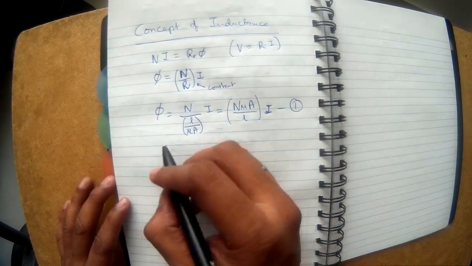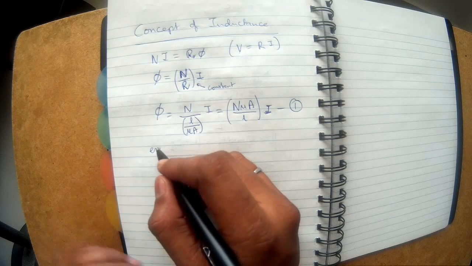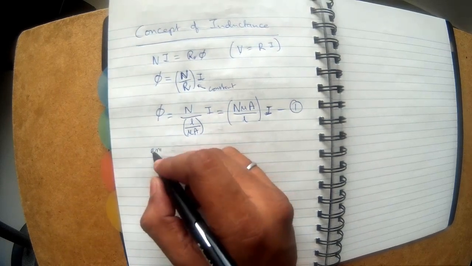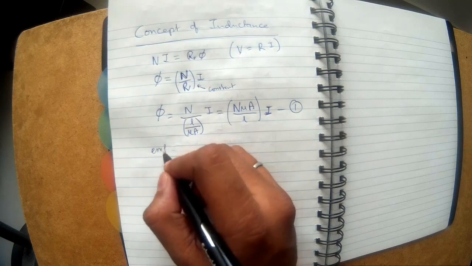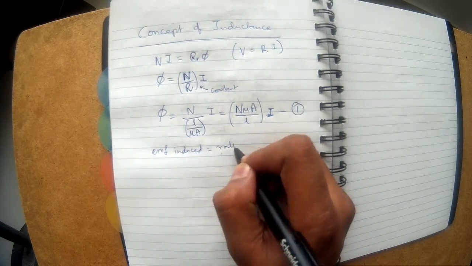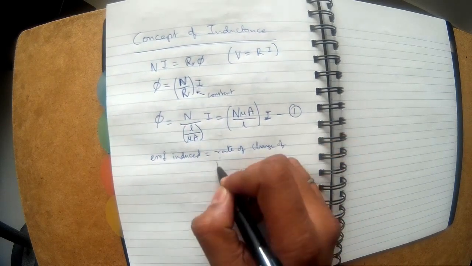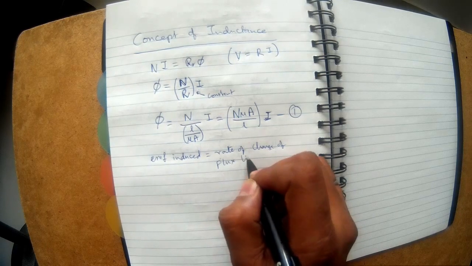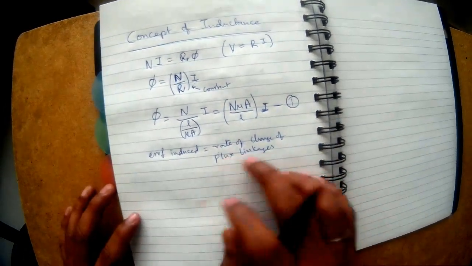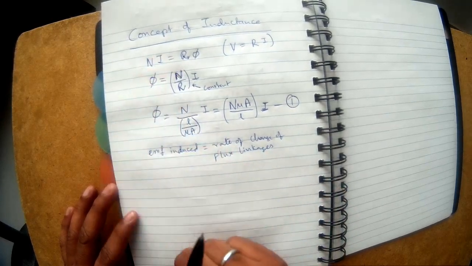Now we know that EMF induced is equal to the rate of change of flux linkages. Okay, so what is flux linkages? Now the flux is linking with the turns.